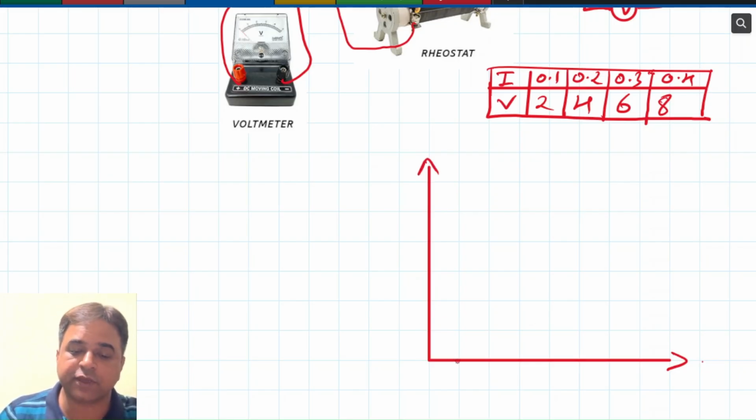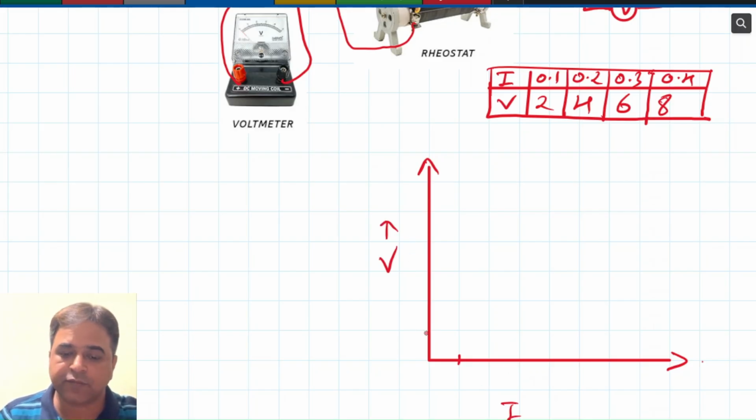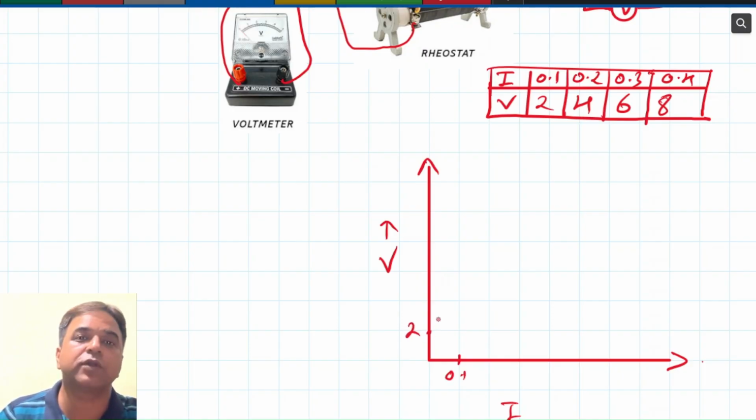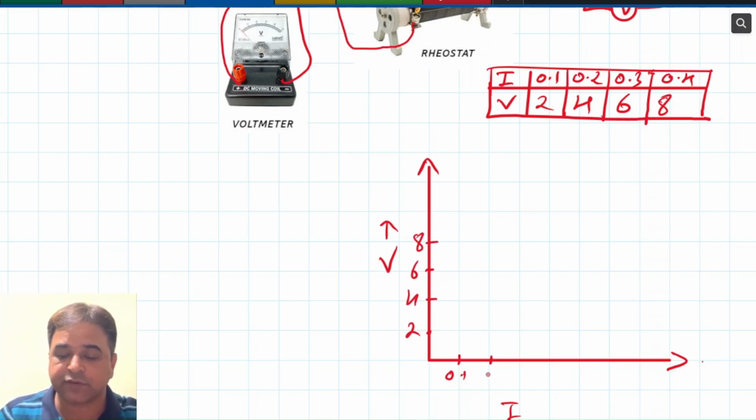Suppose here we are taking electric current, and here we take voltage. If we have electric current 0.1, for that we are taking voltage 2 volt, 4, 6, 8, same way 0.2, 0.3, 0.4.